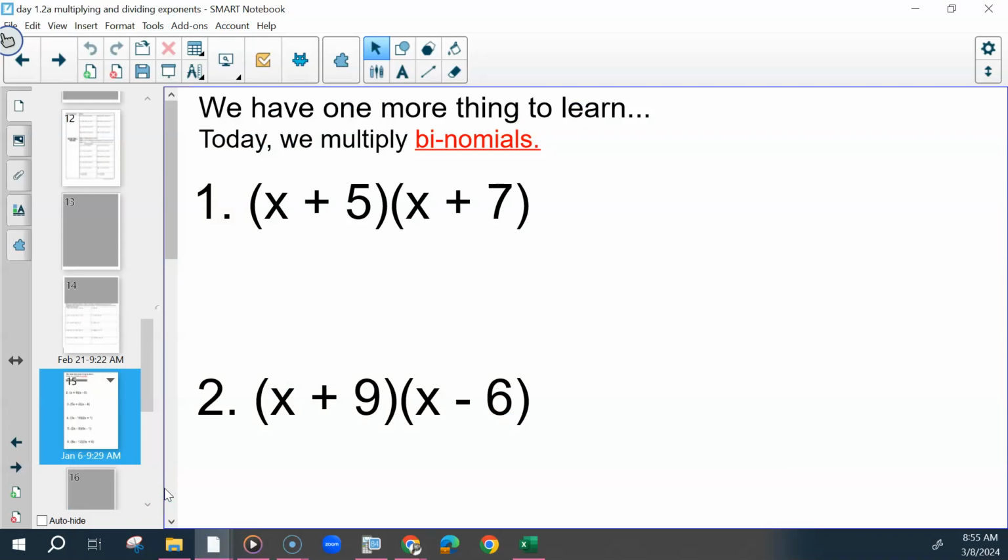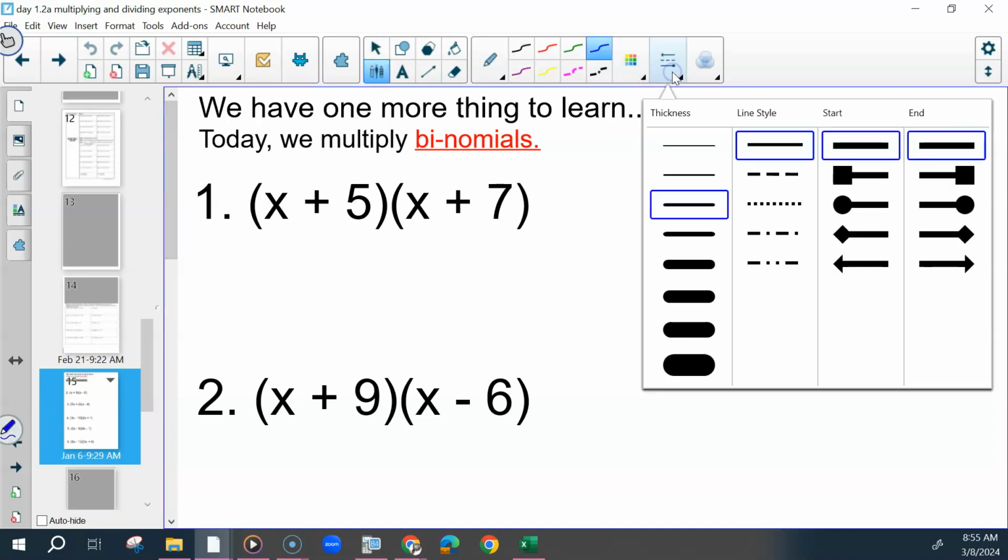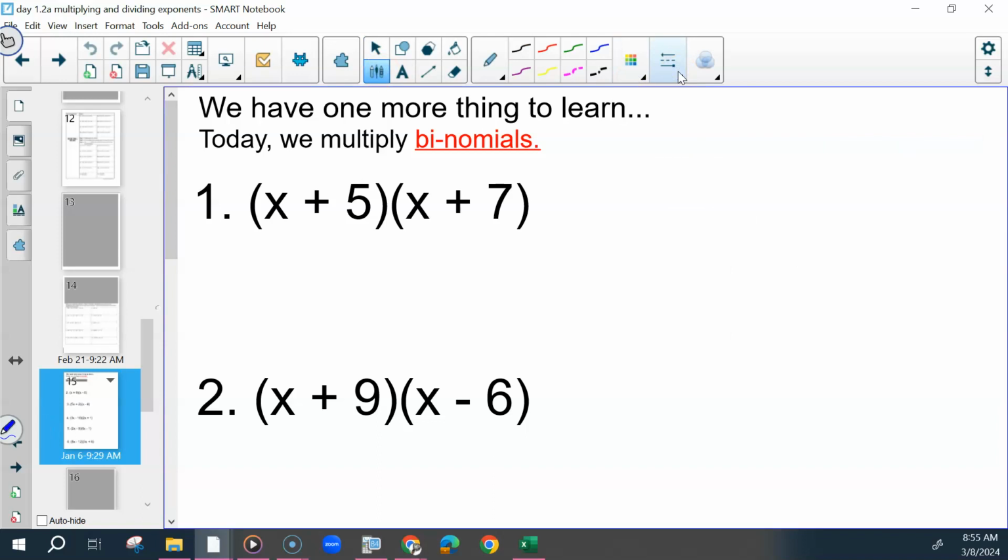Alright, so if you like that method and want algebra tiles after we finish this, I will go get you some. If you like the algebraic methods, stick with that. So I'm going to show you a few different ways that we can do this algebraically. Because we have two sets of parentheses, we're still going to distribute, but you have to think about this like you're double distributing. So one way we can think about that is take the first term, multiply to everything in the second.